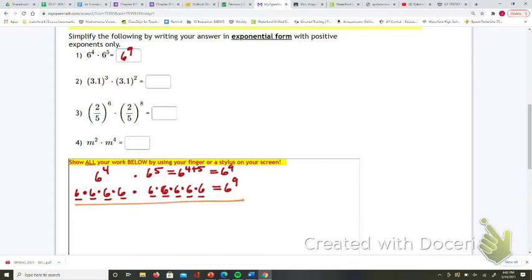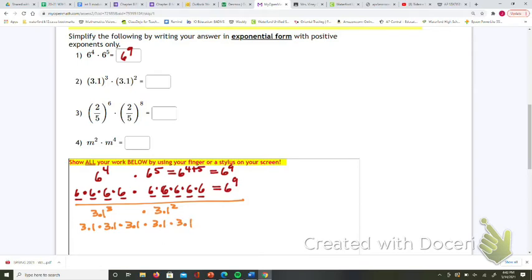Okay, now we're going to switch colors, and we're going to go to number 2, 3.1 to the 3rd. So we have 3.1 to the 3rd, which is 3.1 times 3.1 times 3.1. Okay, times 3.1 to the 2nd power, which is 3.1 times 3.1.